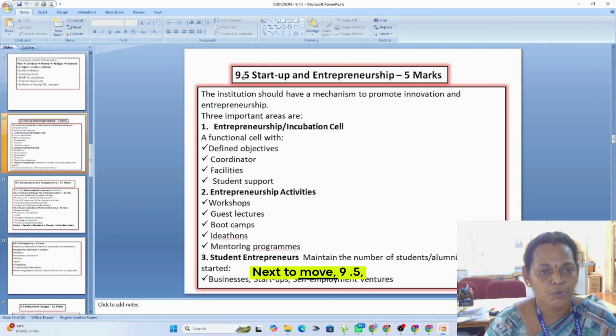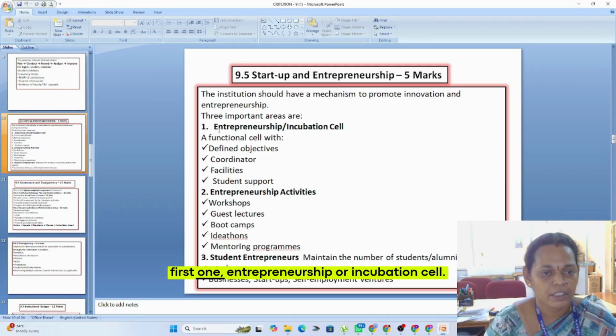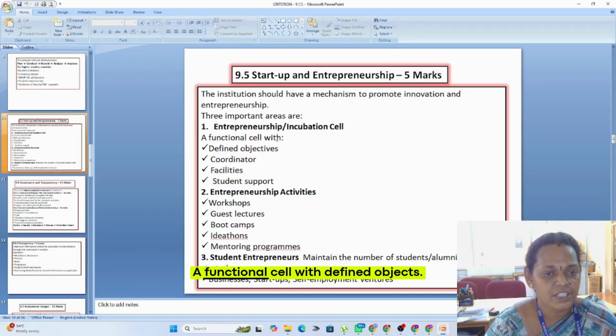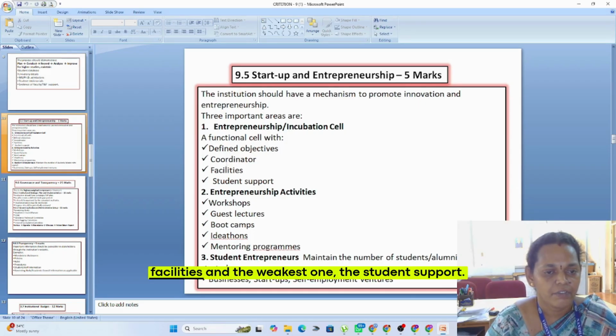Next to move to 9.5 startup and entrepreneurship under 5 marks. There are three important areas. First one, entrepreneurship or incubation cell, a functional cell with defined objectives, allocate the coordinators, facilities, and the biggest one, the student support.